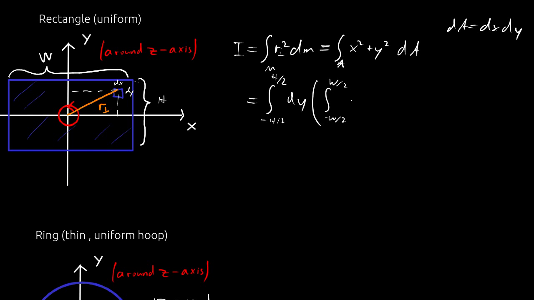Okay, and this is going to be dx, and we're integrating over x squared plus y squared. So you just calculate this integral here, and whatever pops out of this calculation you just plug into this integral here.